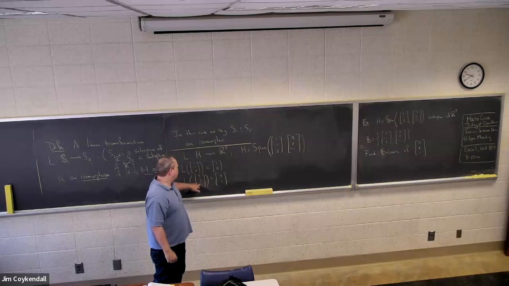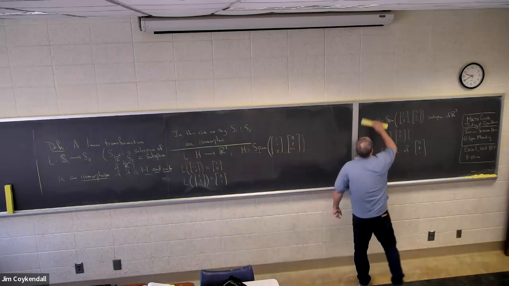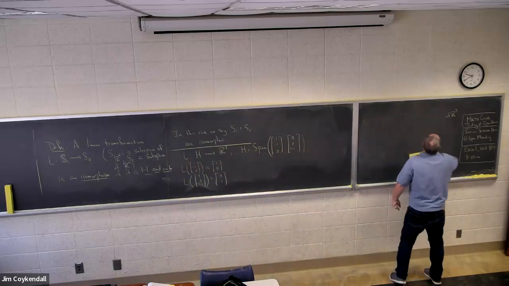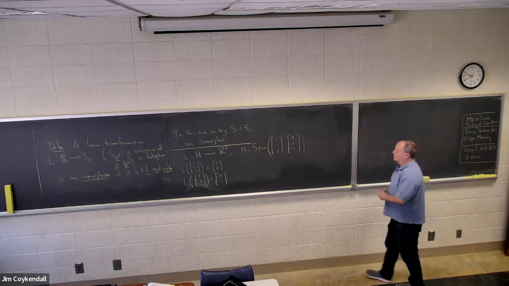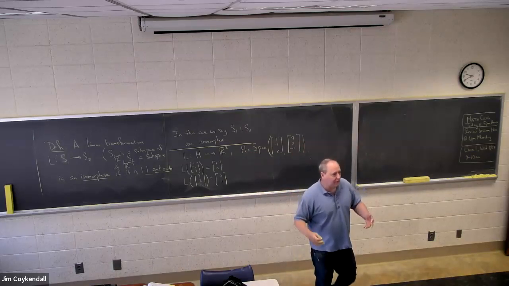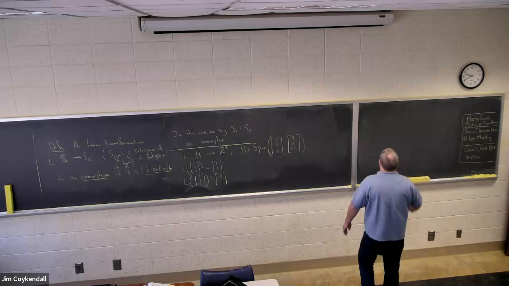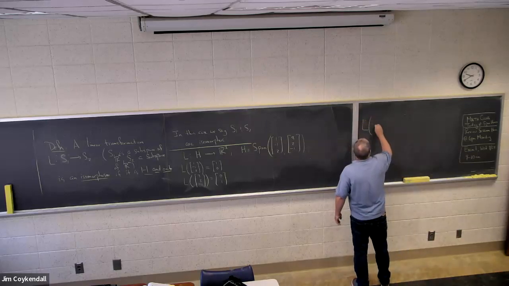Take the second basis vector and force it to go there, right? So I'll tell you exactly what this linear transformation looks like. Everybody remember that anything in H, the span of those two vectors, is a linear combination of those vectors, right? Good with that? So let me tell you what the linear transformation does.